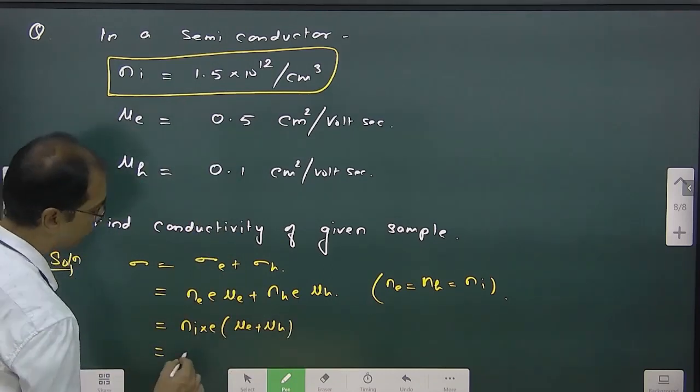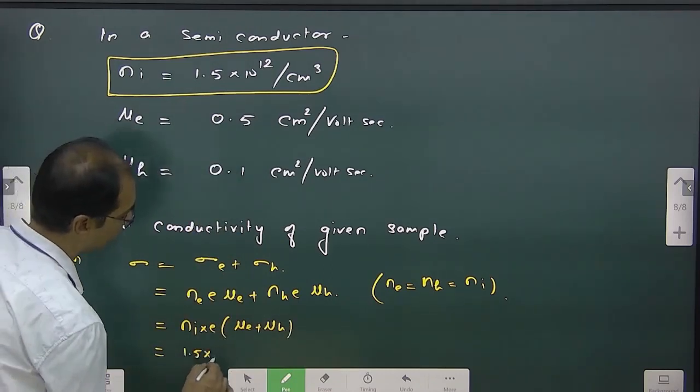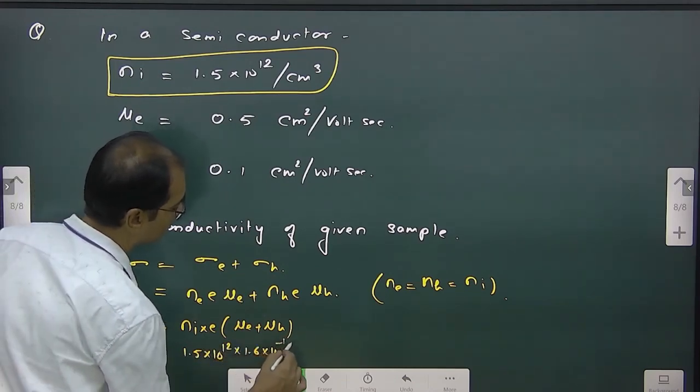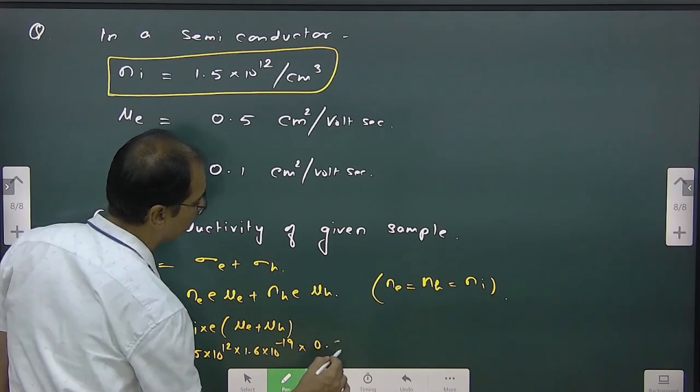So Ni is 1.5 into 10 to the power 12. This is 1.6 into 10 to the power minus 19. And this is 0.6.